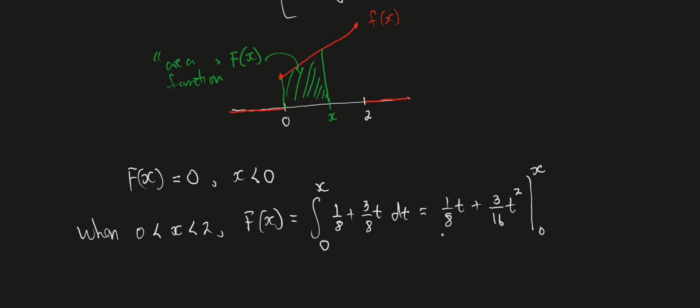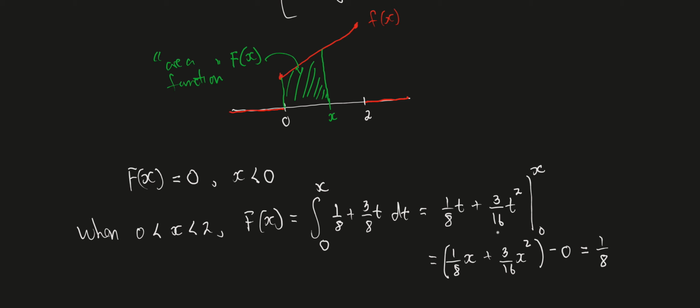When we plug in our upper limit, we switch back. So now we'll get our function 1/8 x plus 3/16 x squared at the upper limit. Because these are polynomial terms that are not constant, evaluated at 0, that gives us 0. So minus 0. This is the area function that gives me that area in green for whatever value of x I plug in.